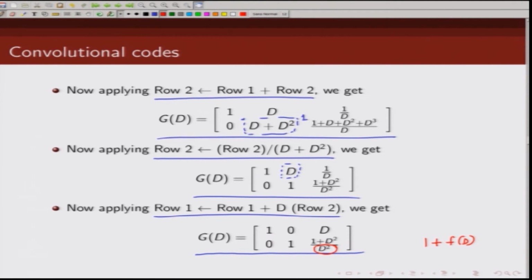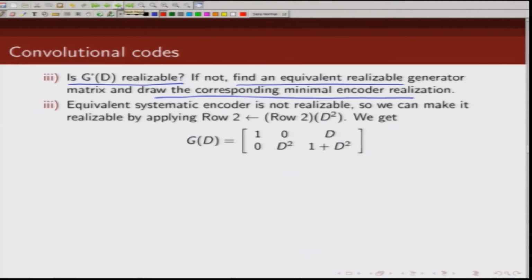However, if we multiply this by D square, what we get with this transformation is this. So what we are getting now is a new equivalent encoder which is in the feed forward form and it is realizable.